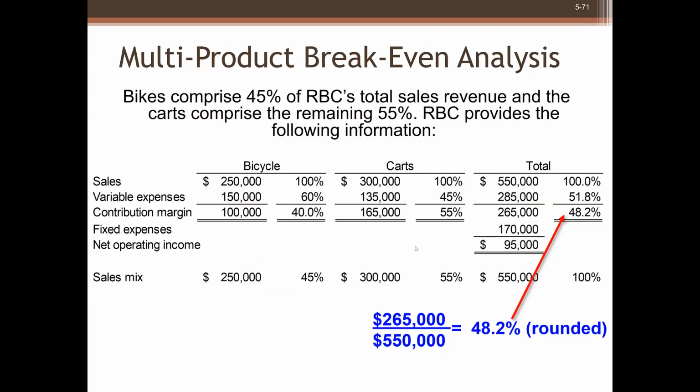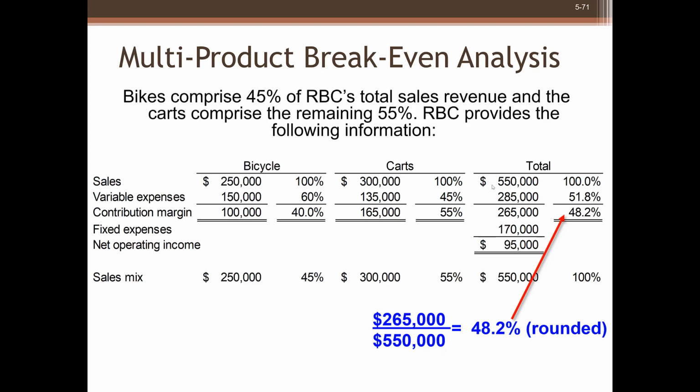Let's take a look at the calculation. RBC provides the following information. For the two products, bicycles and cards, we have total sales, variable expenses, and total contribution margin, respectively. We also have the variable expense ratio and contribution margin ratio for bicycles and cards, respectively.